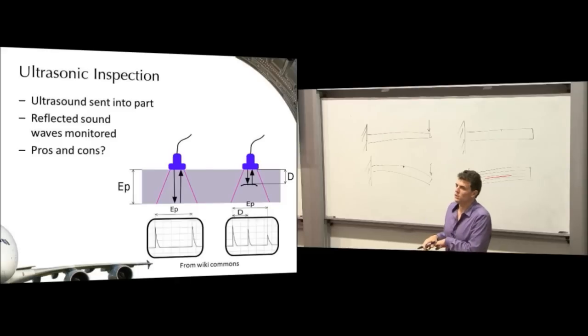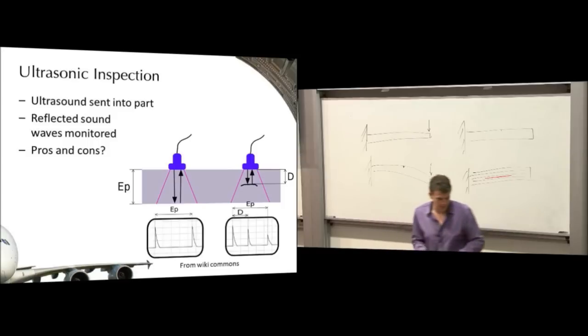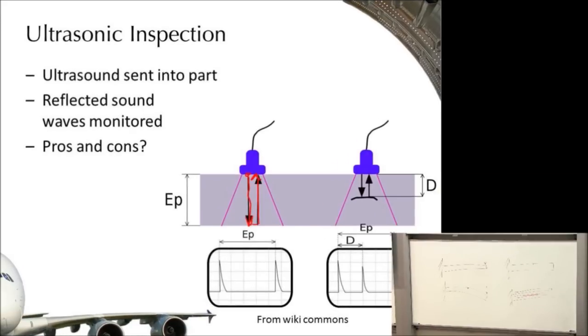We bounce an ultrasonic wave through the component, and it bounces off the back face. So the wave leaves the detector here, goes down, bounces off the base and comes back up again, and is received. So emitter and detector are in the same tool.